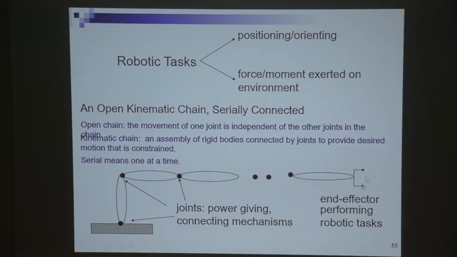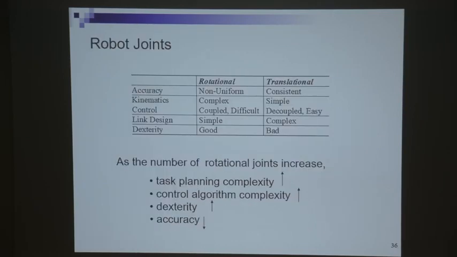And at the end, you always have an end effector that performs the robotic task. So this is the definition of an open kinematic chain, serially connected.